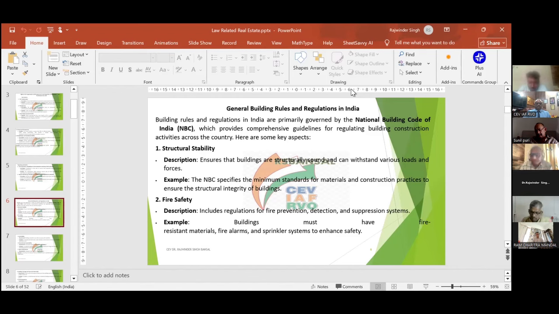Then you will calculate their magnitude. From their magnitude, you will calculate the actions they may cause, bending moment, shear force, and other things. And then based upon these things, you will design the building so that the strength of the building is such that it is able to withstand all the expected forces during its lifetime.